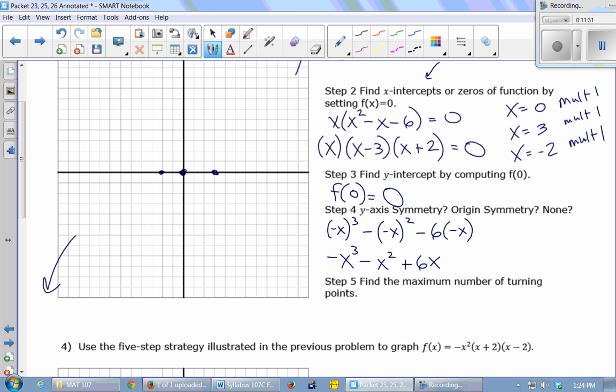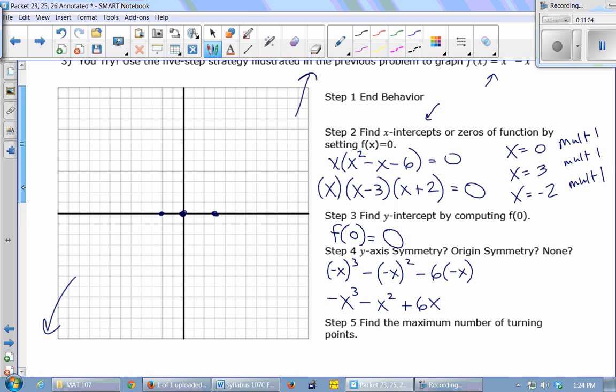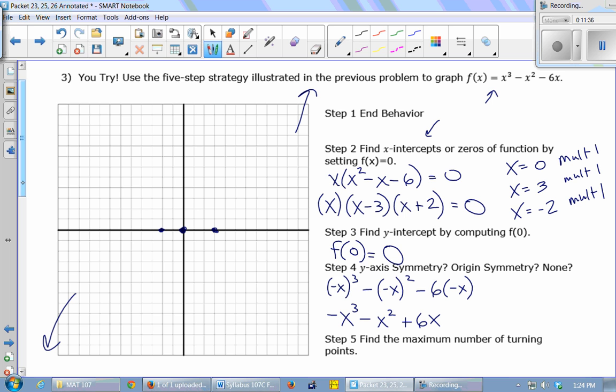That is not exactly the same as my original function, right? It's not exactly the same as this guy. So it means I do not have y-axis symmetry. And this was a little bit confusing, I know. Y-axis symmetry is the same thing as even symmetry. Origin symmetry is the same thing as odd symmetry. So this is not exactly the same, so I don't have y-axis symmetry. Have I changed every single sign?